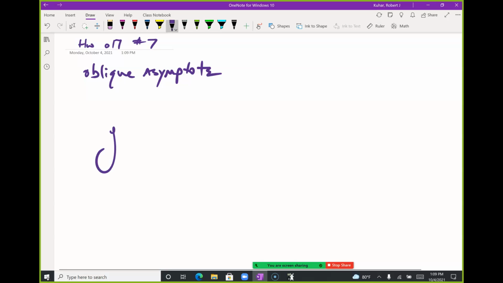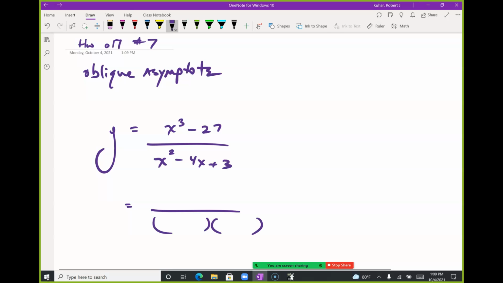So I've got the function y equals x cubed minus 27 over x squared minus 4x plus 3. And so that's already standard form. That's nice. I know the downstairs factors pretty quickly into x minus 3, x minus 1, right? I do those pretty quick because I've been teaching this for 25 years, but does everyone agree with that?